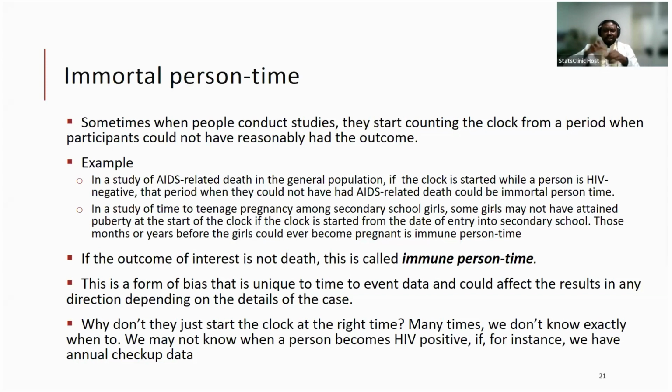And the person might not even remember. So you will have some period that's covered in your study that the outcome could not have happened. And that's a form of bias. So the reason why we're talking about this is that you always have to remember that as best as possible, the period that you're covering in your study, it should be possible for the person to experience the outcome. All right, so that's immortal person bias. It happens sometimes.